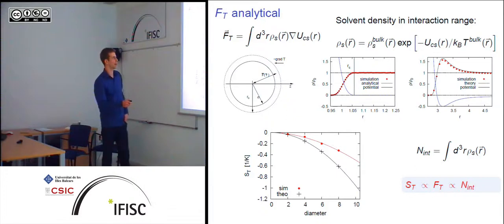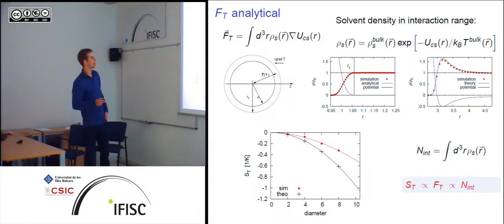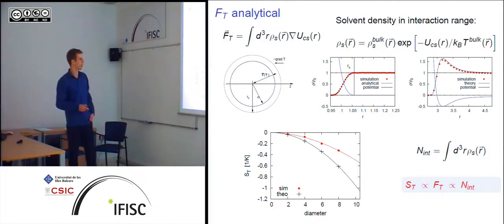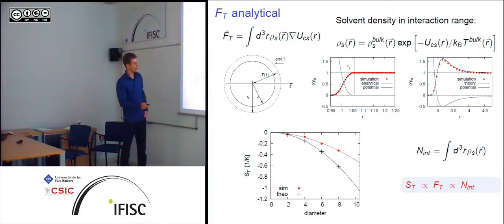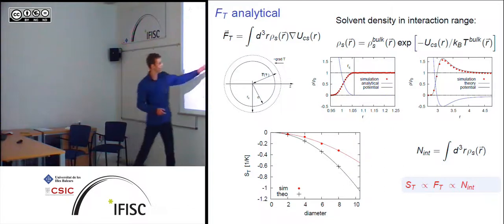And in the case of an attractive potential, here close to the colloid, you will have an increased density of particles. And we plug this density together with the local temperature into this integral and compare this to our simulation results. And we find that here are the theoretical calculations, with each of these points.